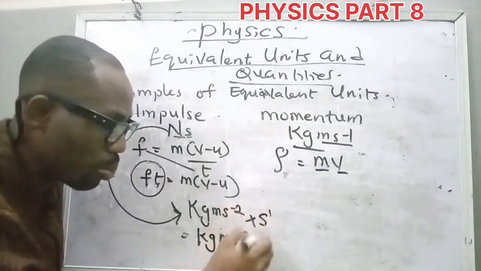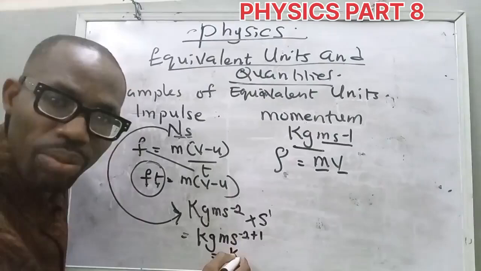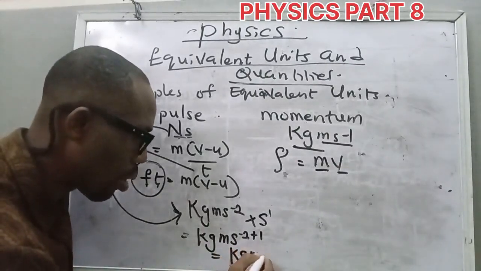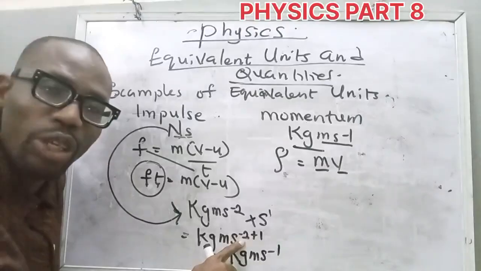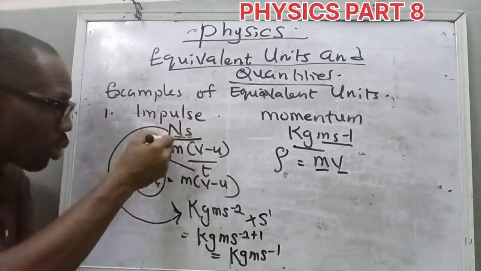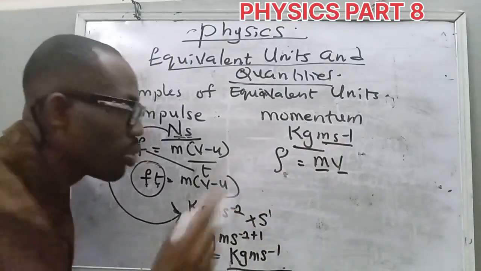No sign means that's plus 1. What does it give you? It will be equals to kilogram meter per second what? Minus 1, because minus 2 plus 1 will give you what? Minus 1. So you can see that at the end of the day, from these Newton seconds, we're able to derive kilogram meter per second, which is equivalent to this guy.